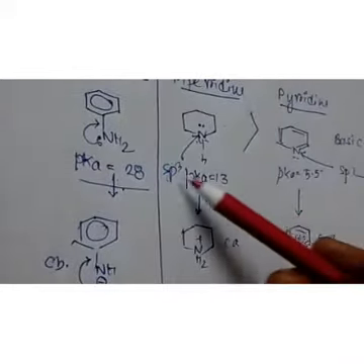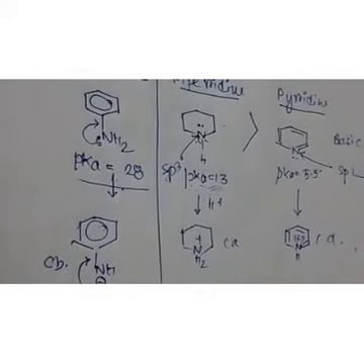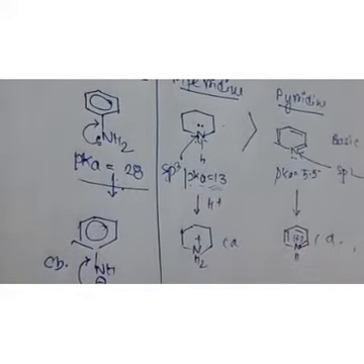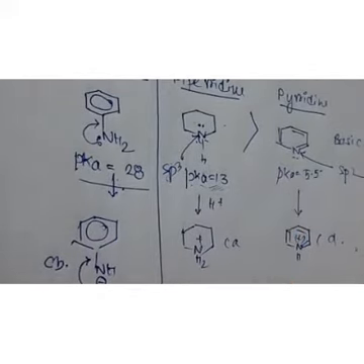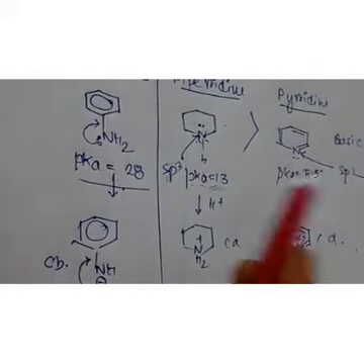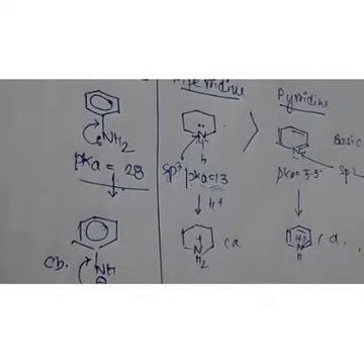As sp3 has about 1/4 s character and sp2 has 1/3 s character, the sp2 nitrogen is less prone to give its electron to a proton. So the conjugate acid of piperidine is more stable than that of pyridine, and hence piperidine is more basic than pyridine.